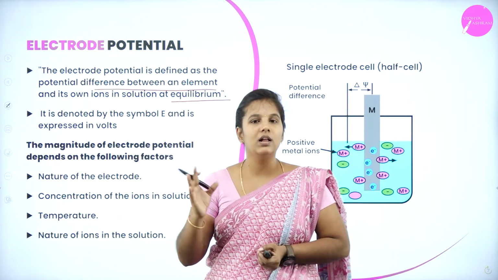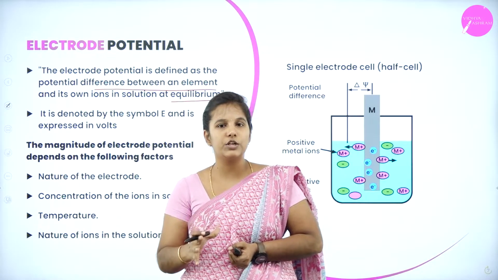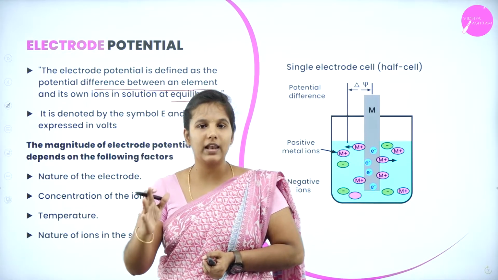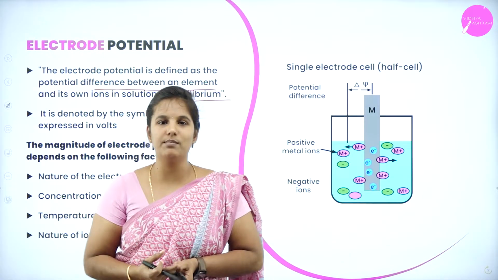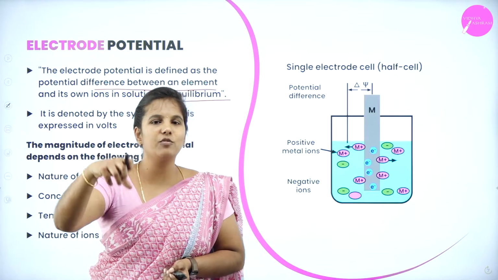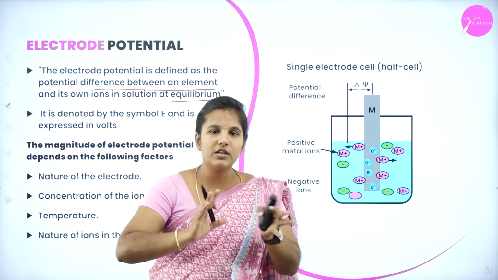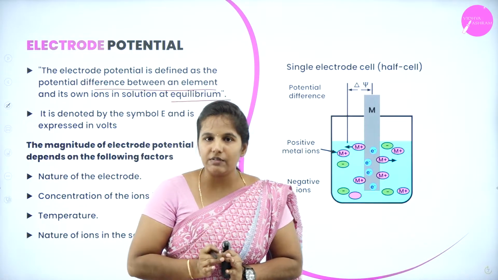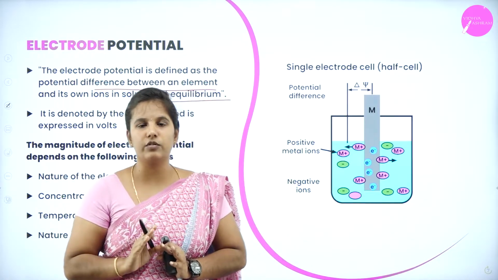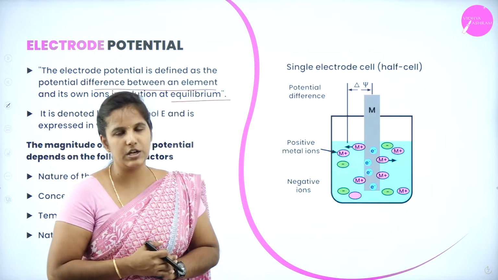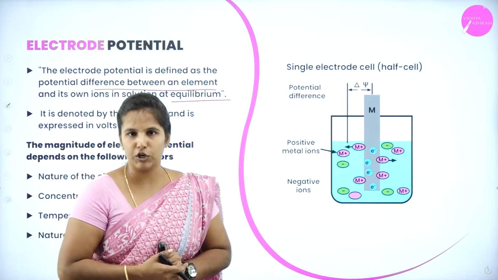How do we measure the electrode potential? If you consider any metal placed in its own ion solution, a potential difference exists at a particular equilibrium. That difference is known as the electrode potential or single electrode potential.